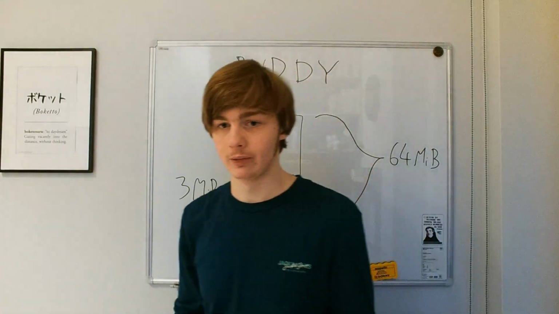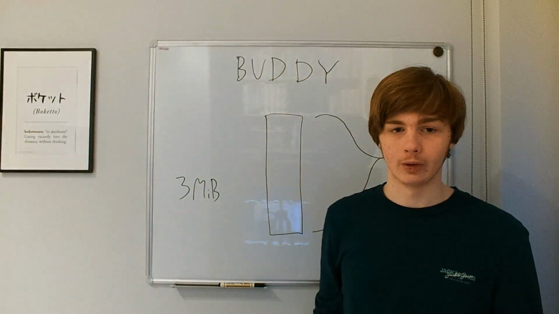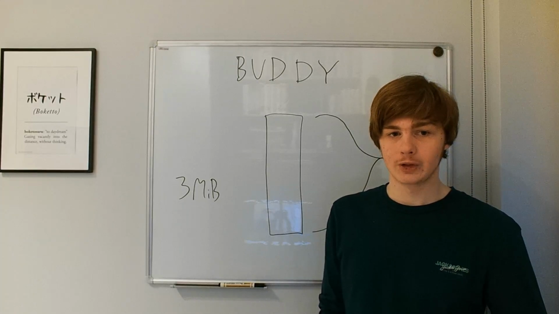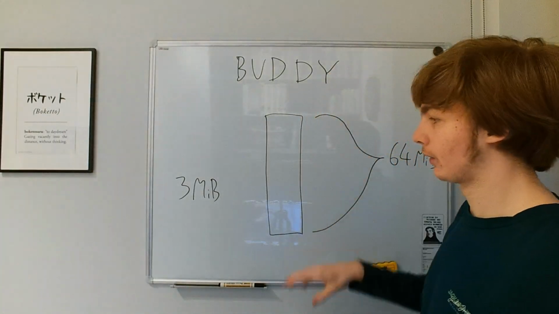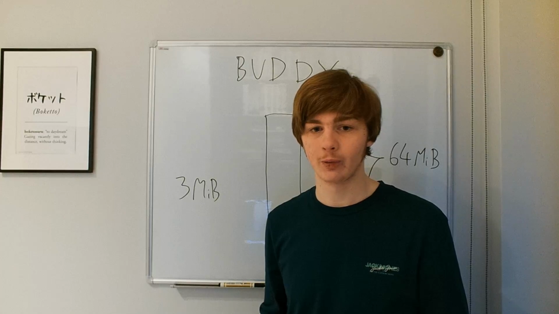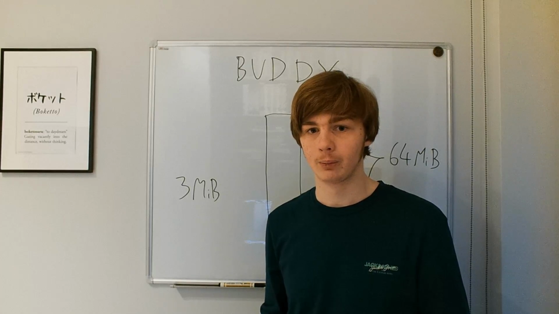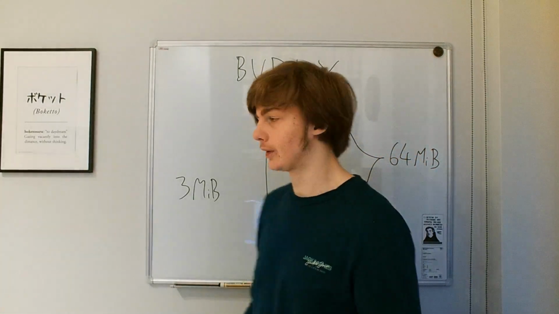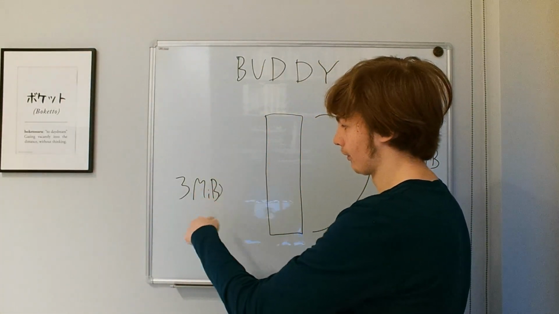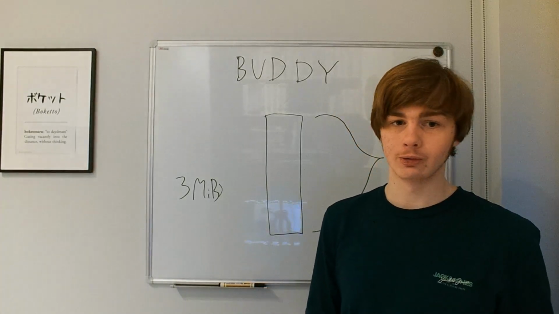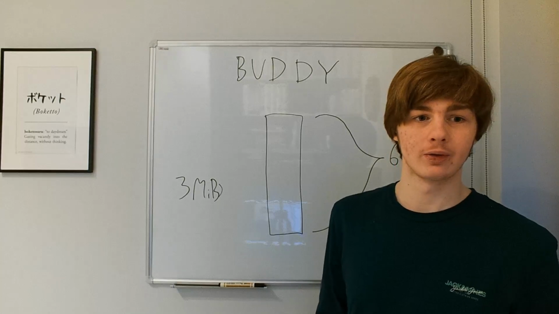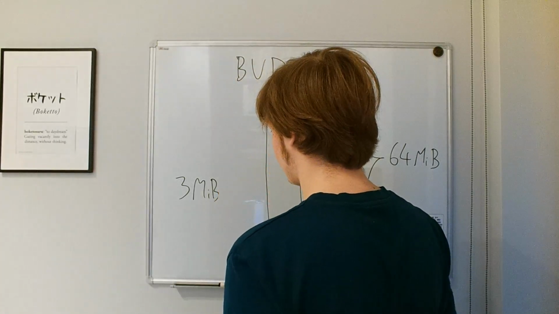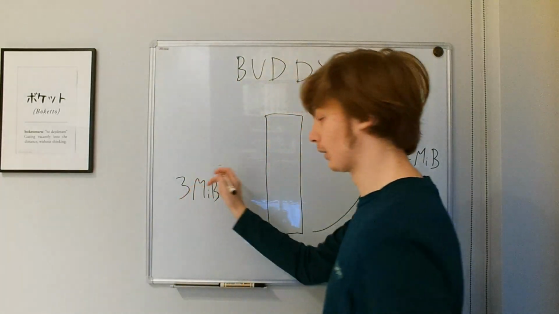So we want to allocate this, and the idea is that we're going to be splitting our entire memory until we can find basically a region that satisfies two properties. The first property is that this is still going to fit, right? And the second property is that if we split it once more, it wouldn't fit. So we find the minimum block such that this is going to be contained in it.